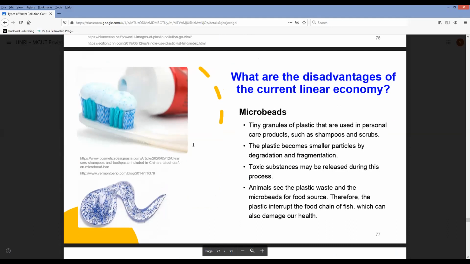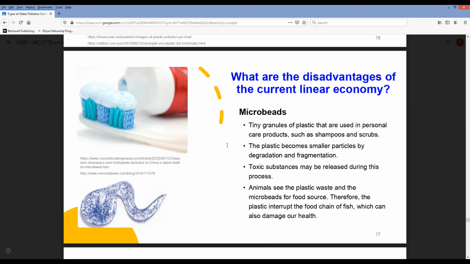There's another disadvantage: the microbeads. As you can see, there are many small beads in toothpaste, right? The small beads help make your teeth look brighter. But this kind of microbead is non-biodegradable. It means the microbead will stay forever on the planet.